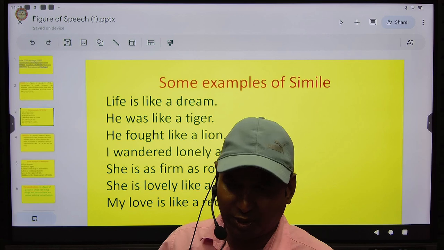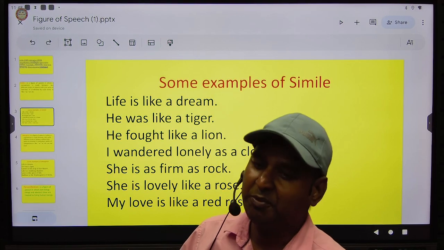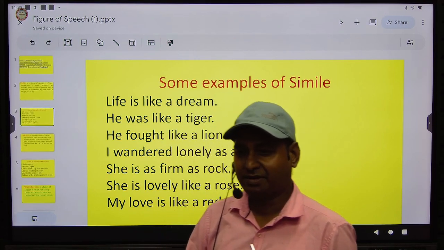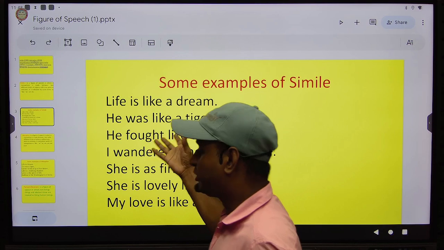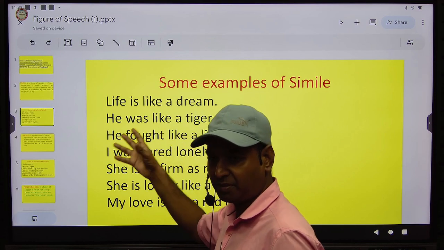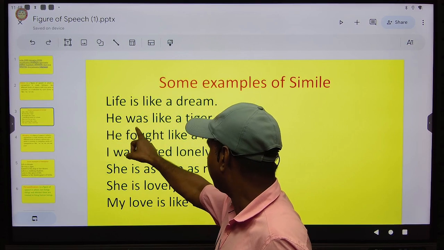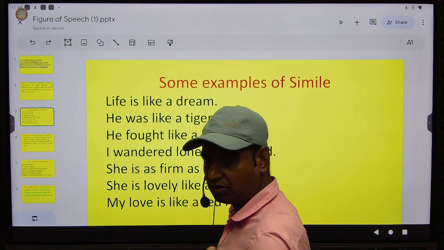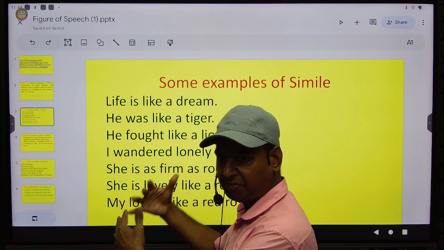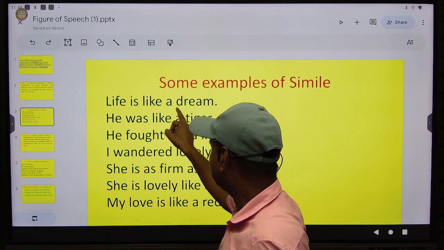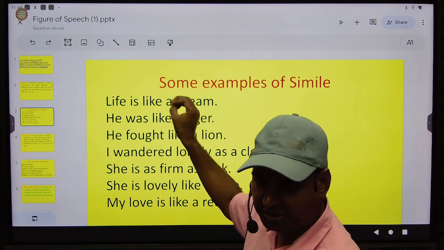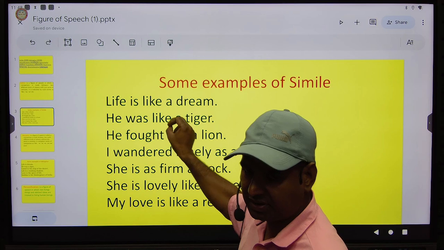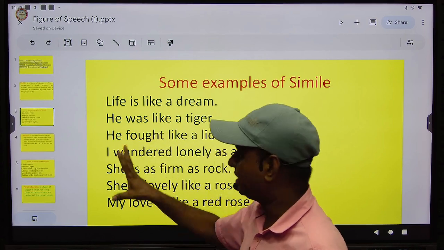Life is also a dream, and because of that, the poet may have compared life to dream. Life is one thing, dream is another thing. Comparison is made between both, and comparison word like is used. The presence of like indicates that this figure of speech is simile.